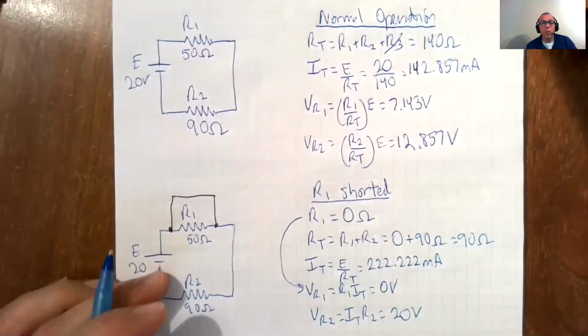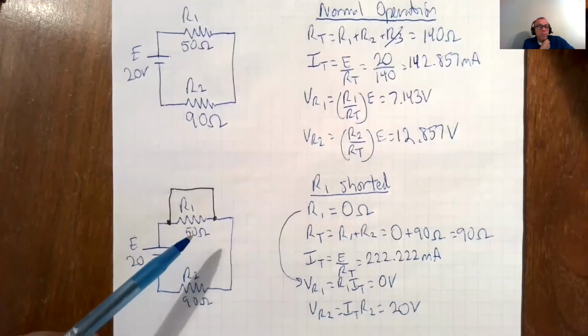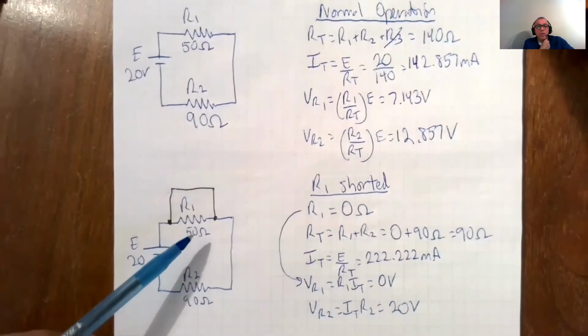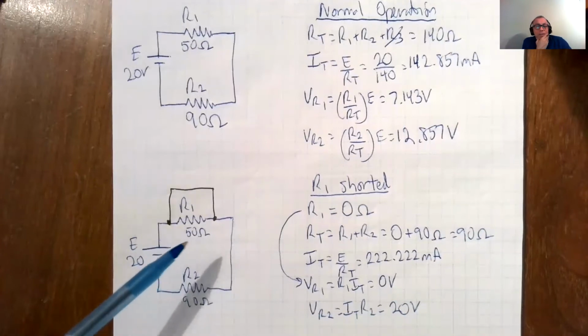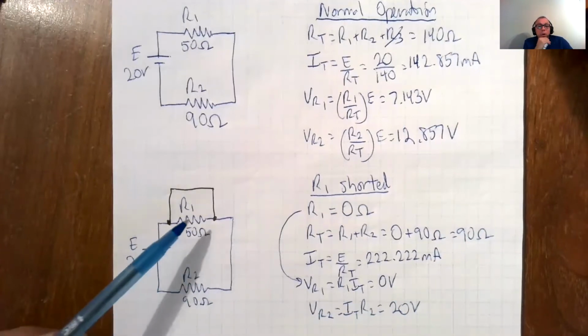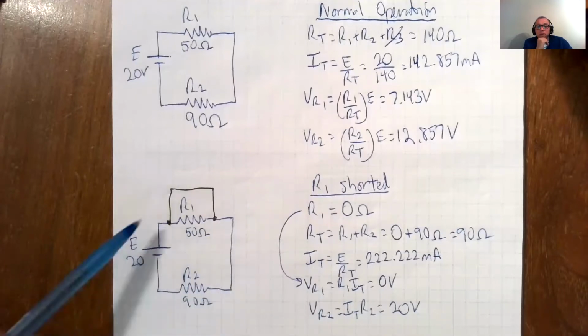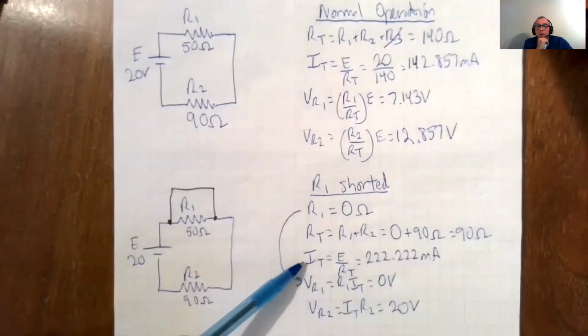So obviously one of our resistances has been shorted. Okay, and we can figure out which one by measuring across each resistor, and the one that has 0 volts is a short circuit. Now we know it's a short because the circuit is still complete. There's still a complete circuit because we have a current.